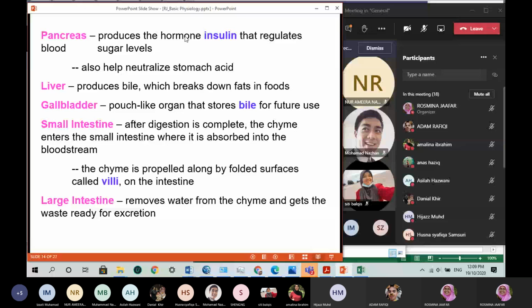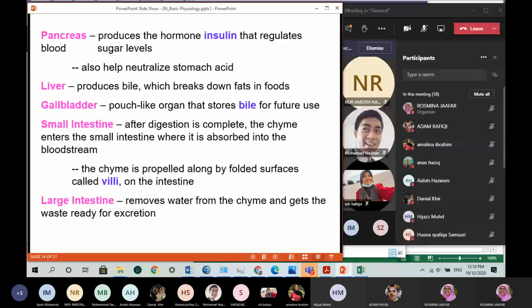The liver is important because it produces bile secretion, and this bile secretion is required to break down fat, because at the end, fat is in terms of lipid acids, and lipid acids can be broken into absorbable units also. The gallbladder is the pouch-like organ that stores the bile secretion for future use to digest the fat.